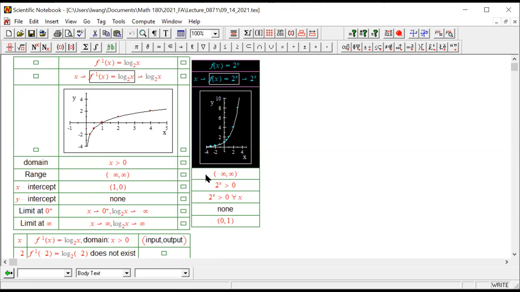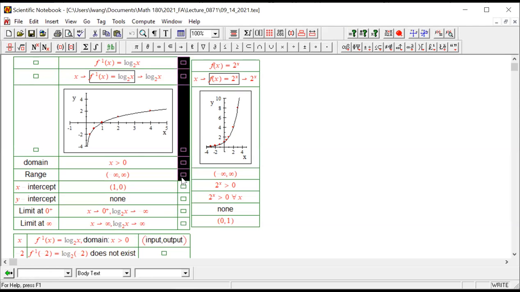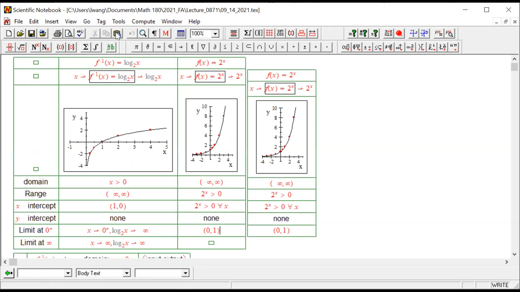So 1, 2, 3, 4, 5, 6, 7, 8. Something will not line up very well.